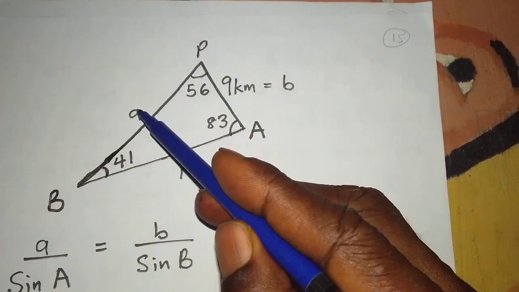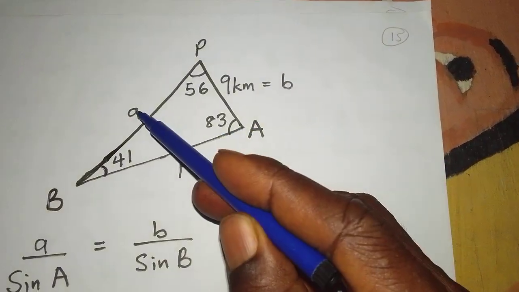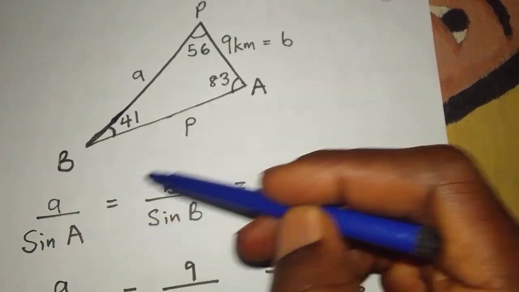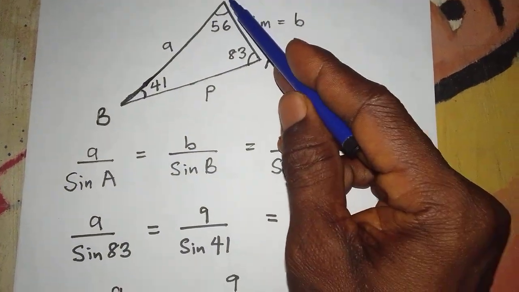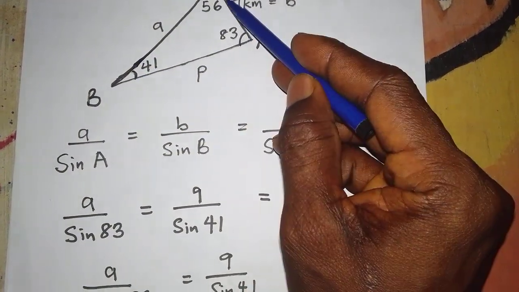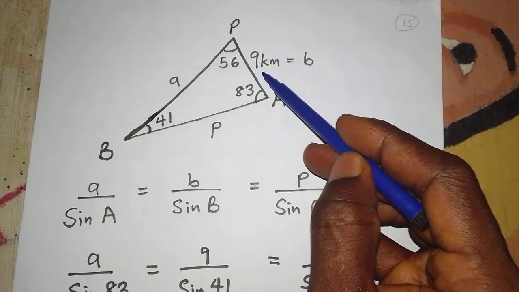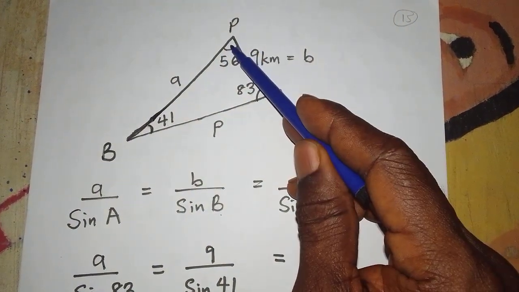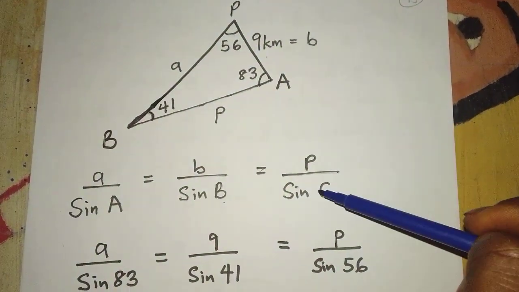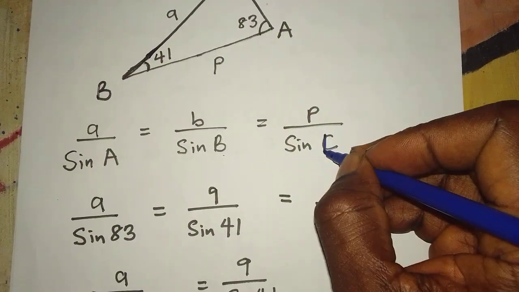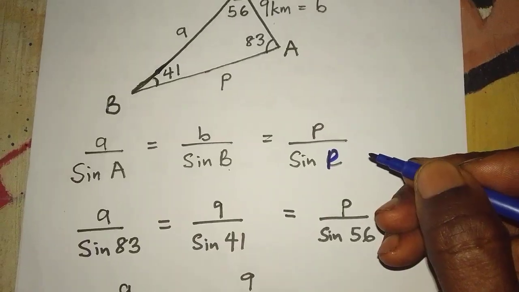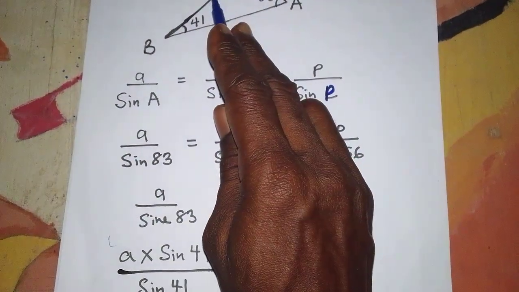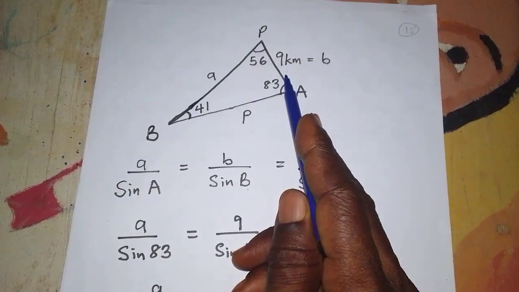So you can say the side facing angle A is side A over sine A. Then the side facing angle B is what? Side B. So which is B over sine B is equal to, the third one is P over sine P. Now our A, we are not given, but we are given the angle to be 83.